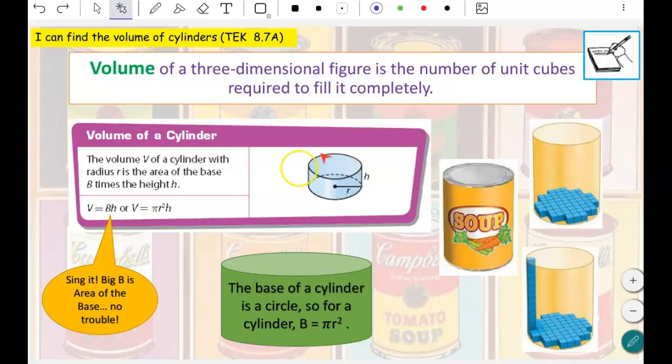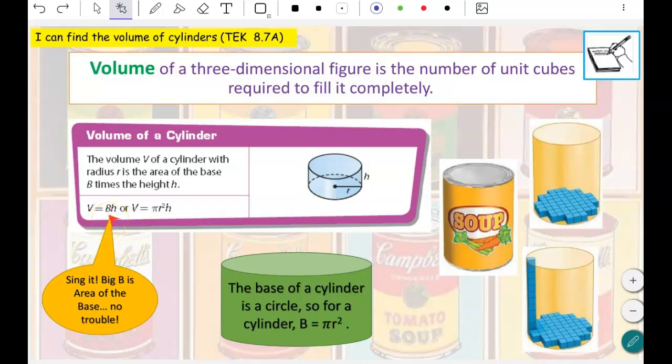And so we've got this formula, which is on your STAR reference chart, the one on the left, not this one. But B, notice it's a big B, capital B, is the base. The base is the bottom of it, and that is a circle.